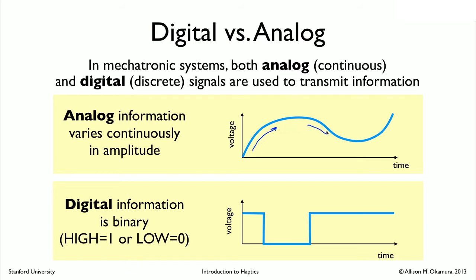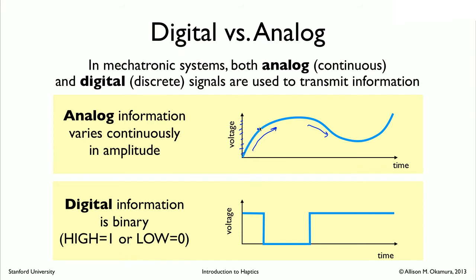So it might go up or it might go down, and there might be a bunch of different possible values of the voltage. And depending on the resolution of whatever kind of board you're using, in this case your hapkit board, there's a different level with which analog information can be either interpreted or sent out. And we'll talk more about that resolution in a little bit.